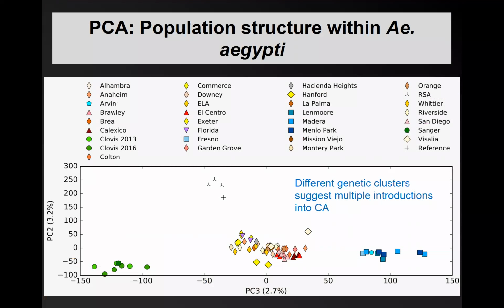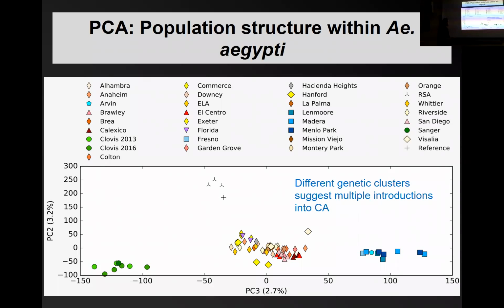And with work that Yusuf has done, where we've compared the single nucleotide polymorphisms across the genome of multiple populations of Aedes aegypti from throughout California, they essentially cluster into 3 genetic groups.